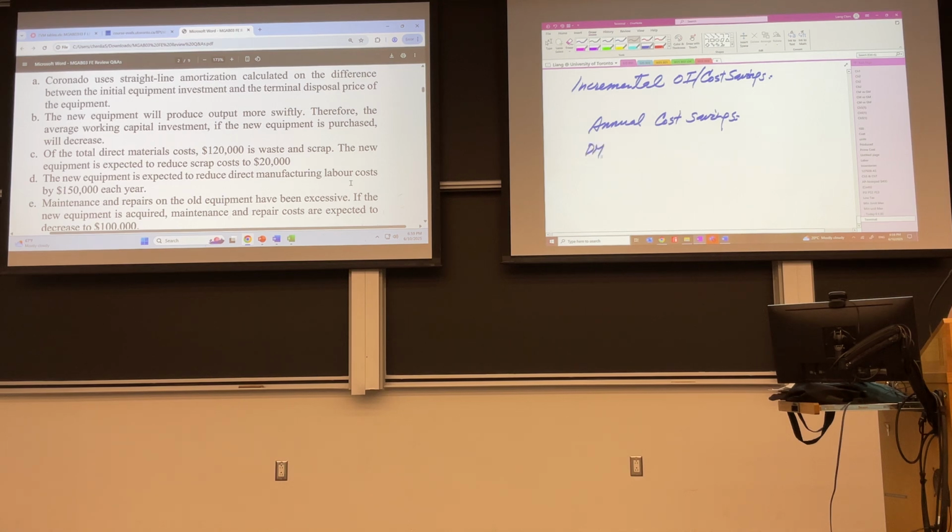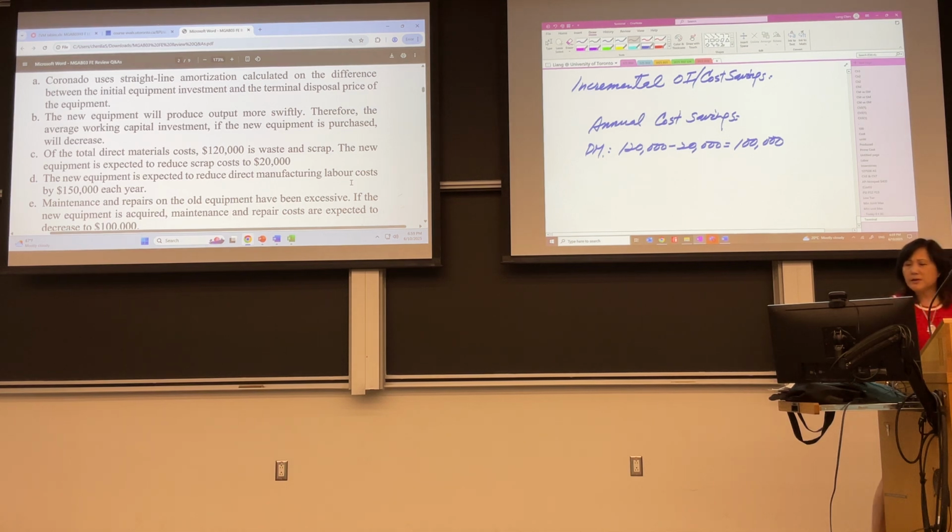Direct material, $120,000 is waste. So new equipment will reduce this to 20,000. So I can save 100,000 for the material.